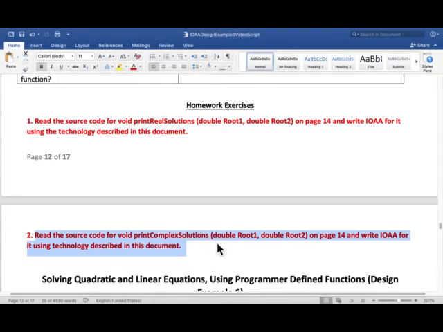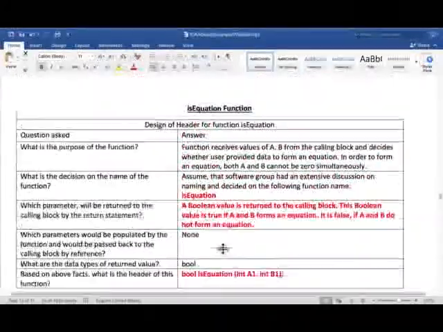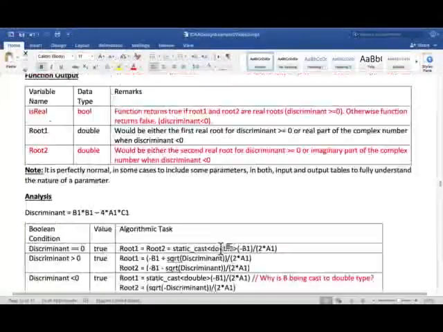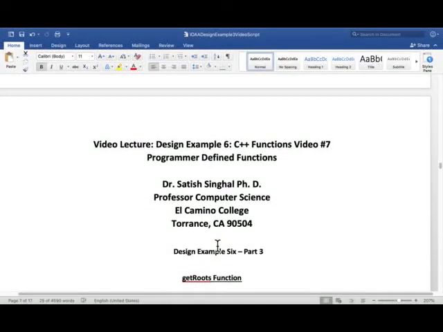So we have completed the second major function, getRoots. Its IOA is in this video number 7, I believe. So let's just go back to our part 3 of design example 6.